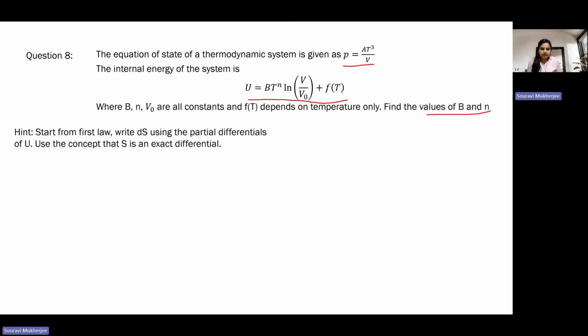So the hint is: start with the first law, write dS, which is the differential of entropy. Write dS using partial differentials of U, and use the concept that S is an exact differential.